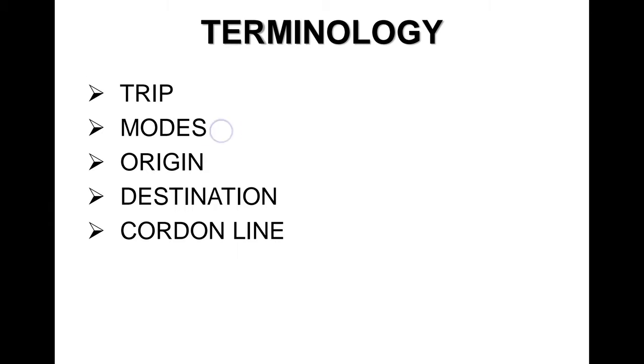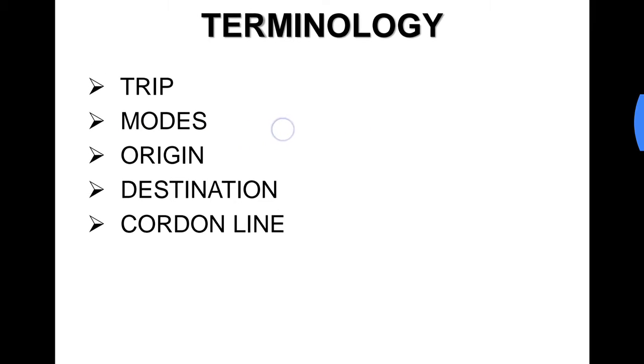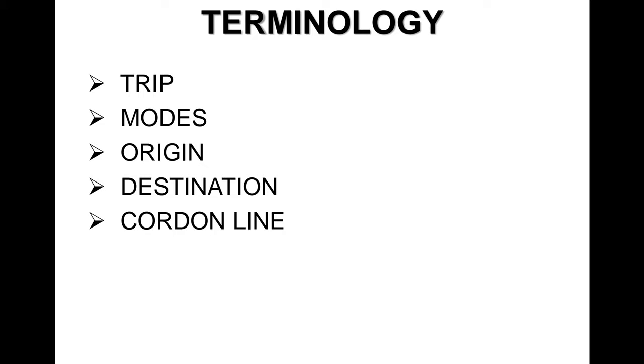Second term is modes. Here these modes mean the traveling modes or the vehicles that are used for traveling. So what are the different vehicles that we can use?